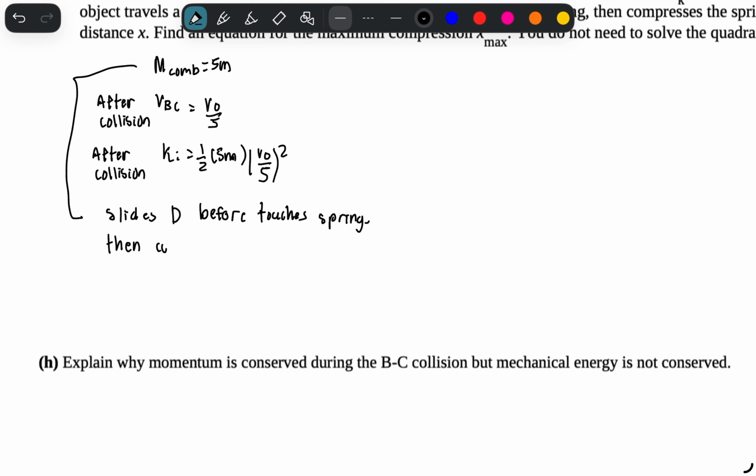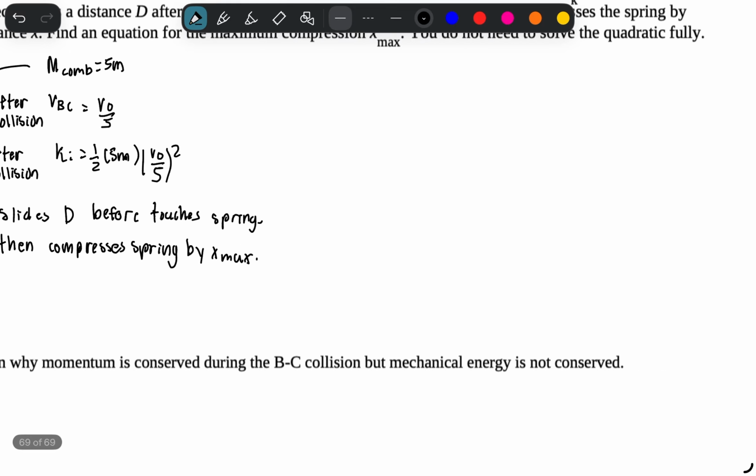Then it compresses the spring by x max distance. So we know that our total distance over which the spring acts, that's equal to d plus x max.